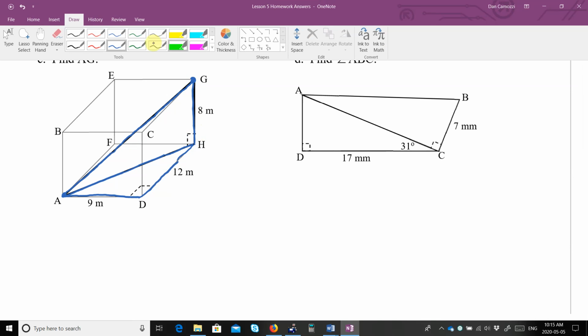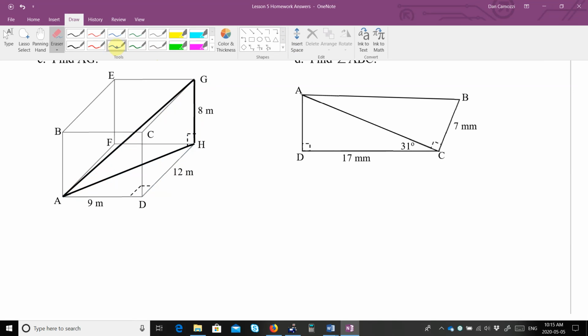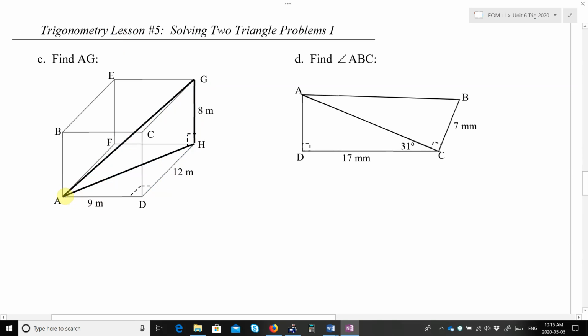So the plan of attack is we are going to work in this 90-degree triangle down here, which is flat on the ground, and we're going to use Pythagoras to get that length C, because it's across from the 90, so it's C. So we'll call this A and this B. We're going to figure out that length C, and then we're going to use Pythagoras in the standing up triangle to get that diagonal across the box.